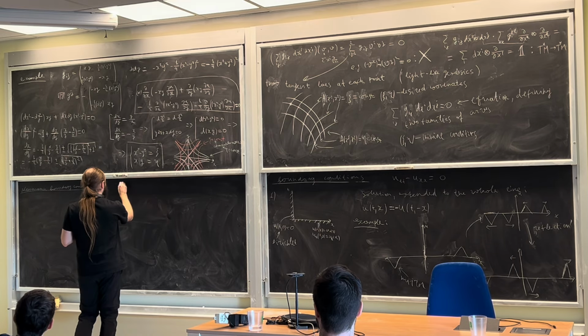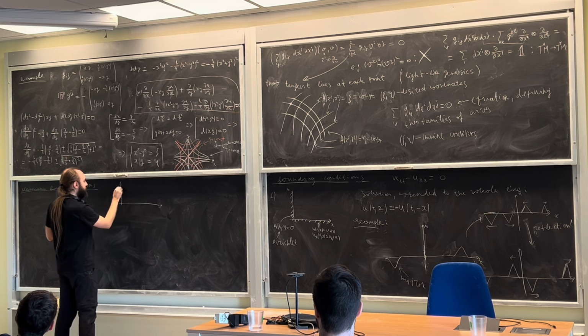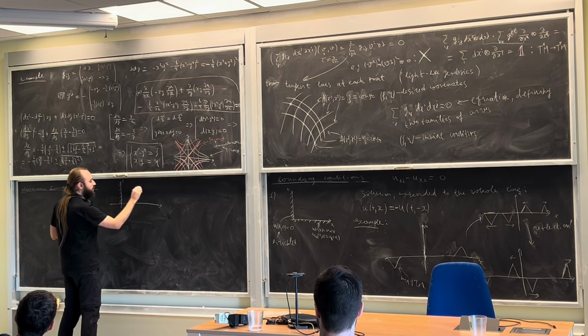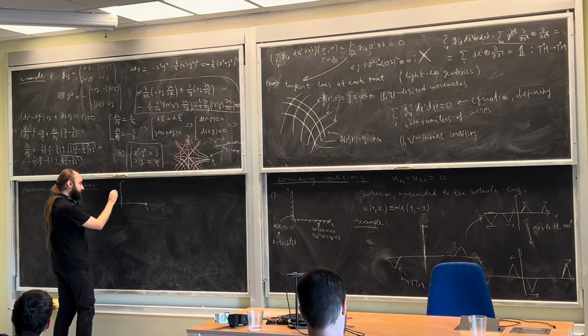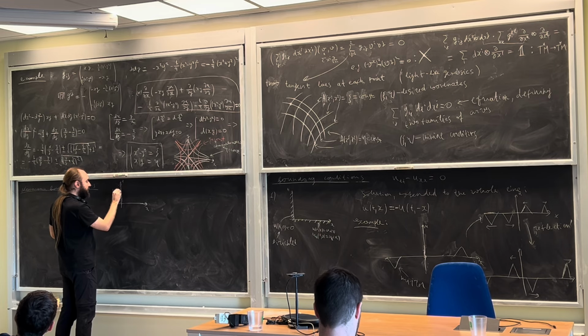So it's the same picture, but here ux of 0, t equals 0.